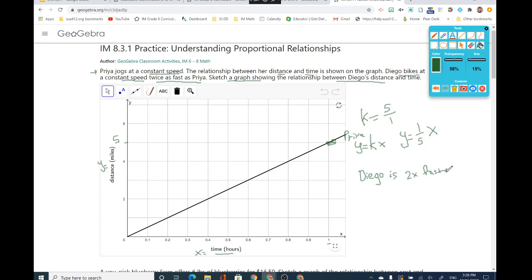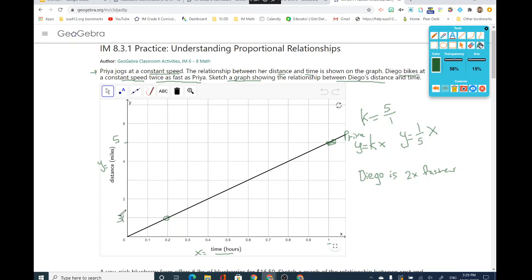Okay, look at the graph and let's plot Diego's line. I like to look at points where it crosses grid lines because that's easy to read. In 0.2 hours, Priya has run 3 miles. So in 0.2 hours, Diego, who is twice as fast, will have run, did I say 3 miles?